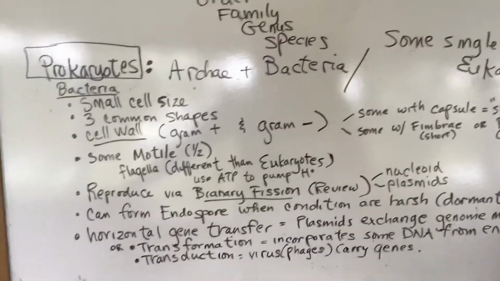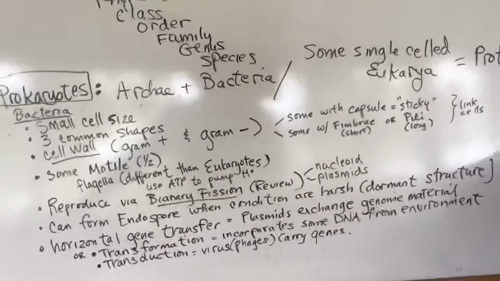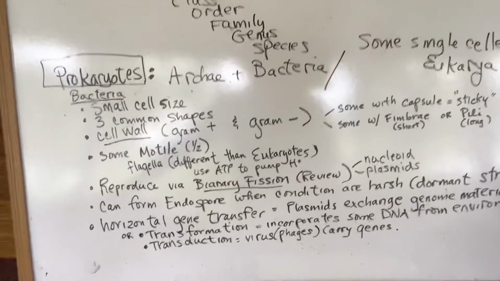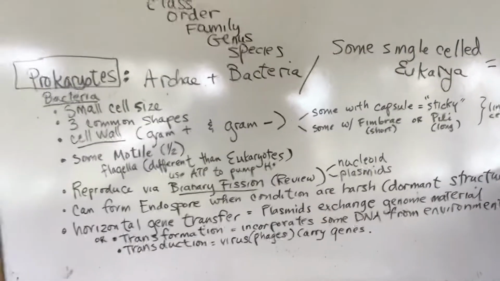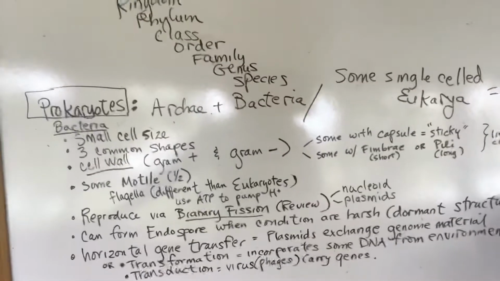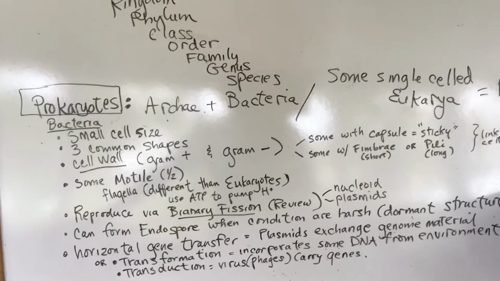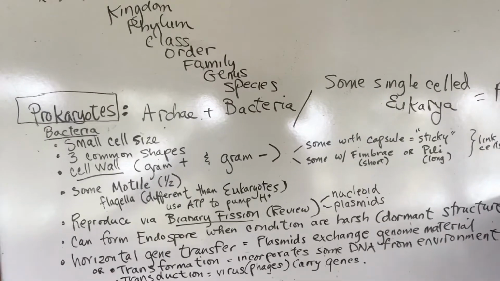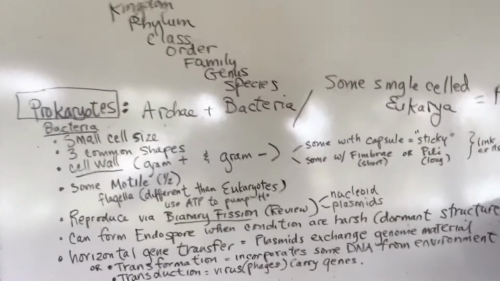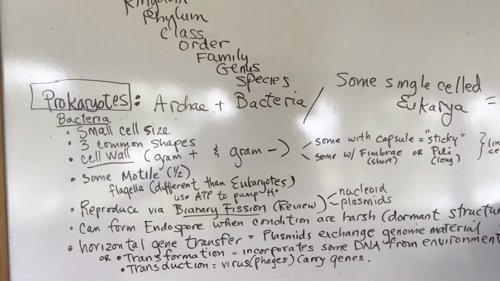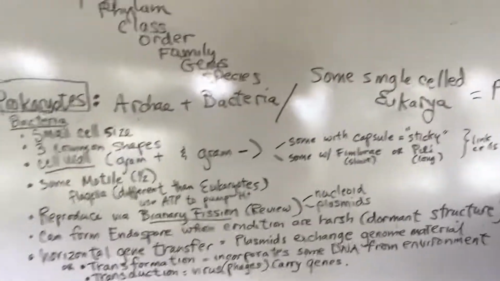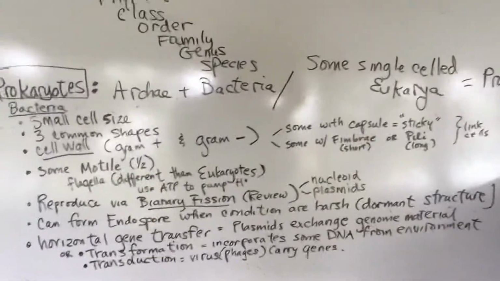And the thing about the internal structure, the part that gets reproduced, the DNA part, is the nucleoid. That's a single strand of DNA. The actual reproduction of that single strand is similar to the replication of a chromosome, slightly different in terms of the kind of enzymes and so forth used.